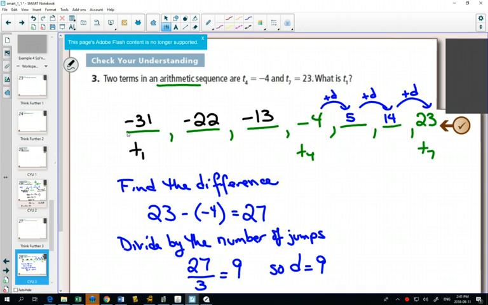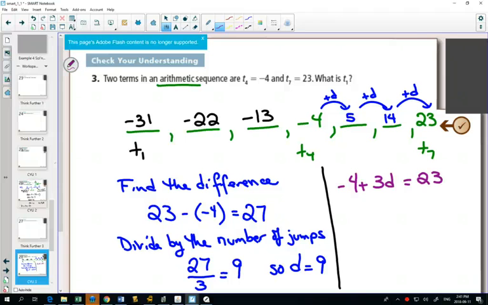I love this. It's a great idea. This shows that you know the difference between these, how many jumps are in between, and get to solve it. If I wanted to write this with variables right away, does the following make sense? So I'm going to draw a line here. I'm going to switch colors, purple, and say, looking at what I've drawn, to go from negative 4 to 23, if I go negative 4 plus d 3 times, I should get to 23.